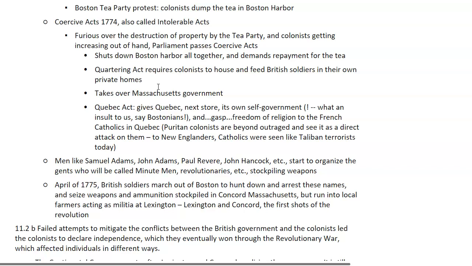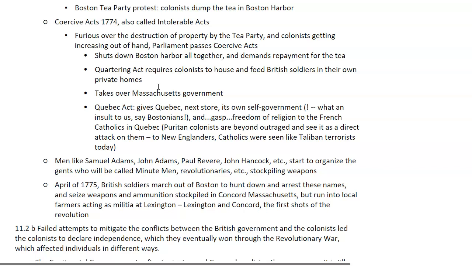The colonists, particularly in Massachusetts, went nuts over this. Quebec is being given self-government, and they're taking it away from Massachusetts. On top of it, they're giving freedom of religion to Catholics?